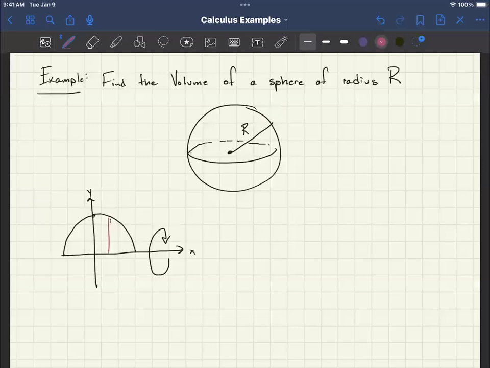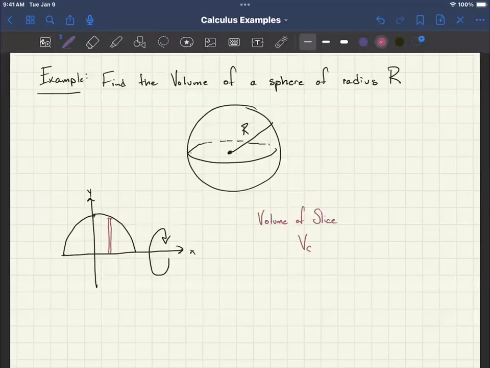Now, when we try and find volume in calculus, we're going to chop up or slice up the object that we're working with. So notice our little slice here. We are going to figure out what the volume of that slice looks like.